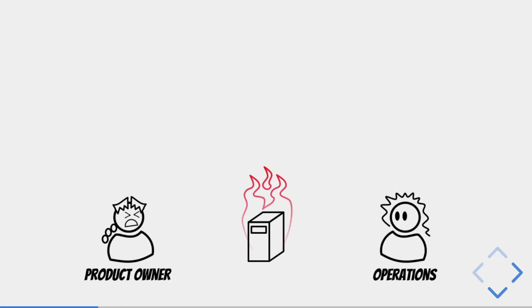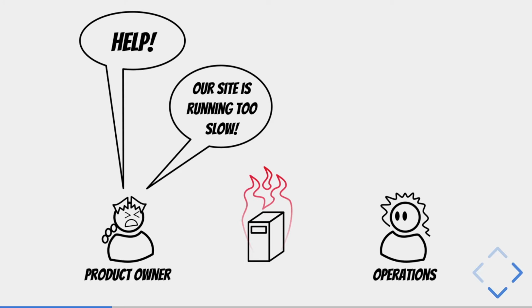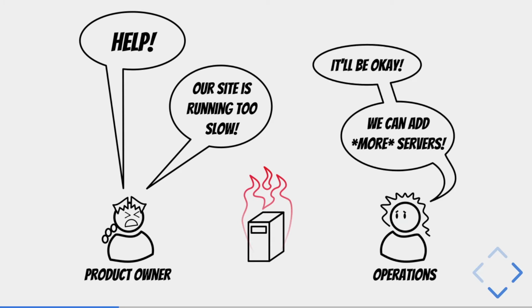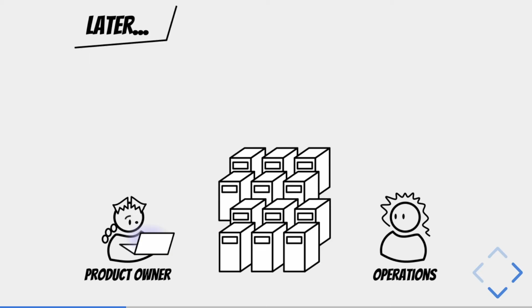So let's go to an alternate universe where we have the same conversation between ourselves, the operations person, and the product owner. "Help! Our site's running too slow." This time, however, instead of adding more CPU and memory to make the server bigger, we decide to add more servers to power the application instead. This is great and it solves the problem, but later on we discover that it creates other problems.